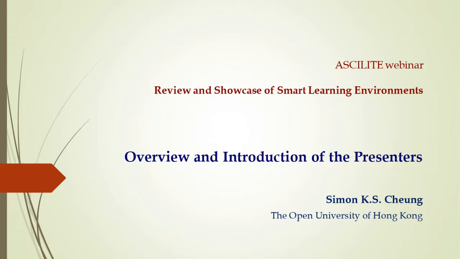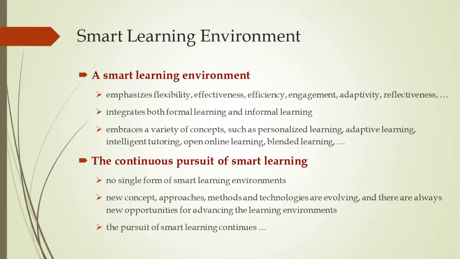Good morning, everyone. Welcome to this webinar on the review and showcase of smart learning environment. I will start with a brief overview and an introduction of the presentation and the presenter. Maybe we start with what is a smart learning environment.